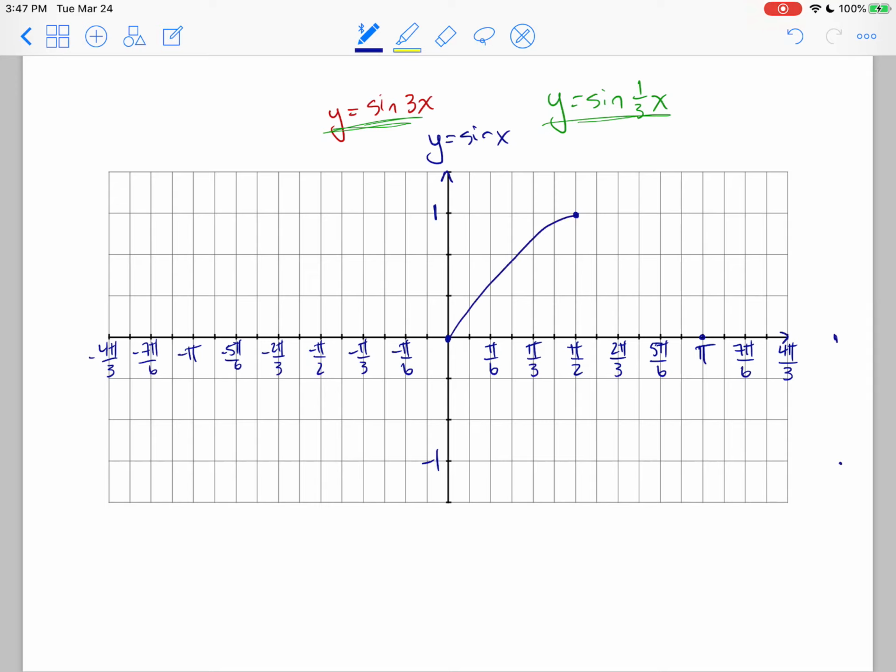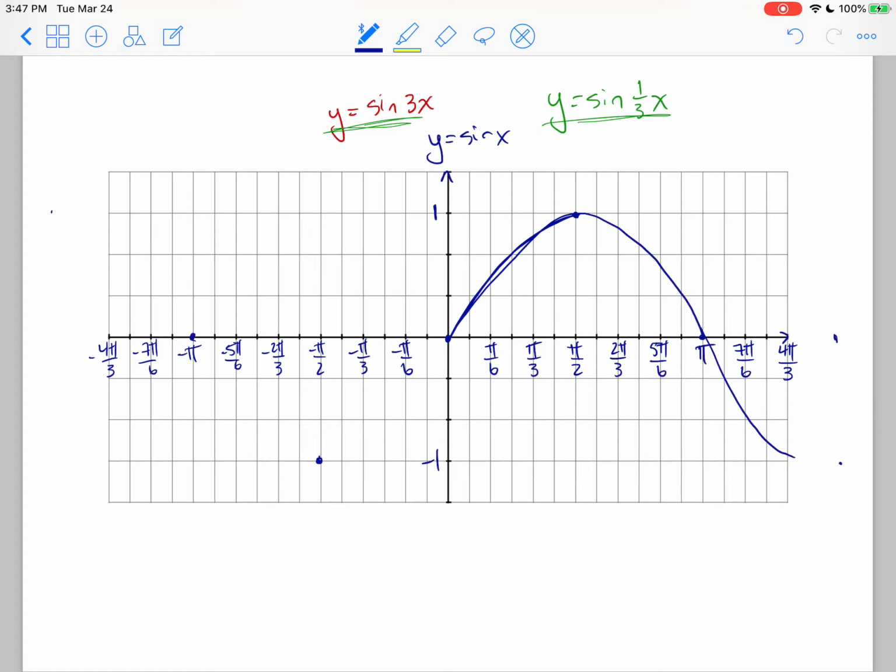You can see that even sine of x with this new scale that we decided on doesn't quite fit. But I can still fit a whole cycle. I just have to do it going into the negative direction. So I can also go back. Negative pi over 2 is here, and then negative pi is here.